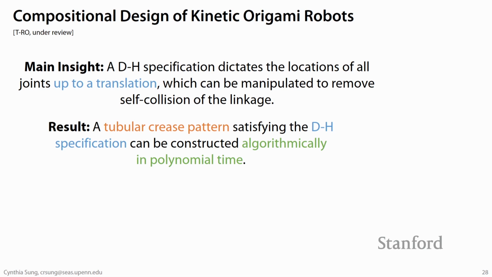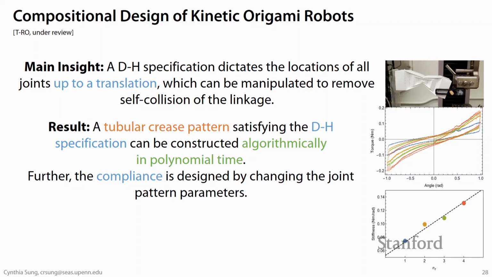And we have a provably correct algorithm that will allow you to do this. Not only that, but because the compliance can be specified, you can also add that into your specification.